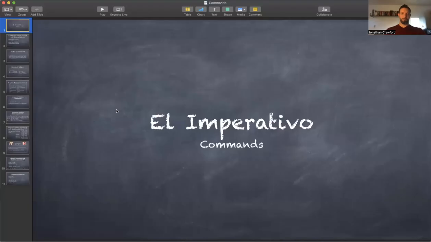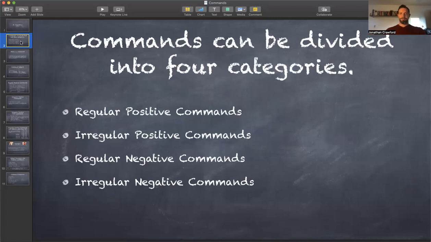El imperativo is the command form in Spanish. El imperativo, the imperative. So let's have a look. El imperativo are commands. Commands can be divided into 4 categories.